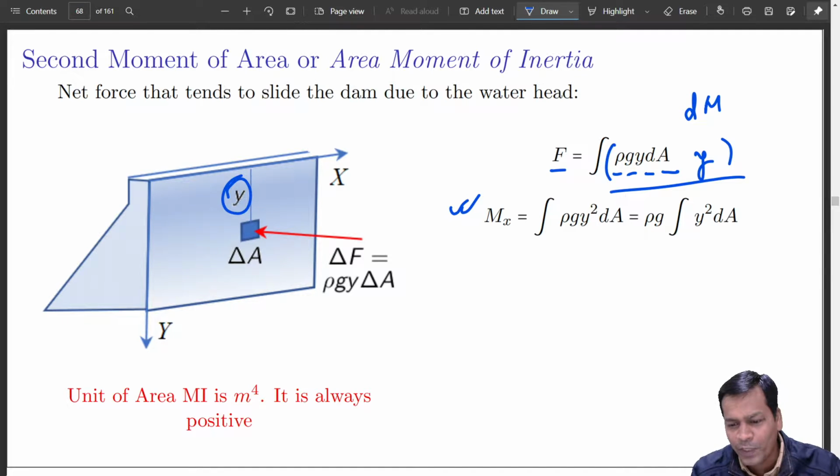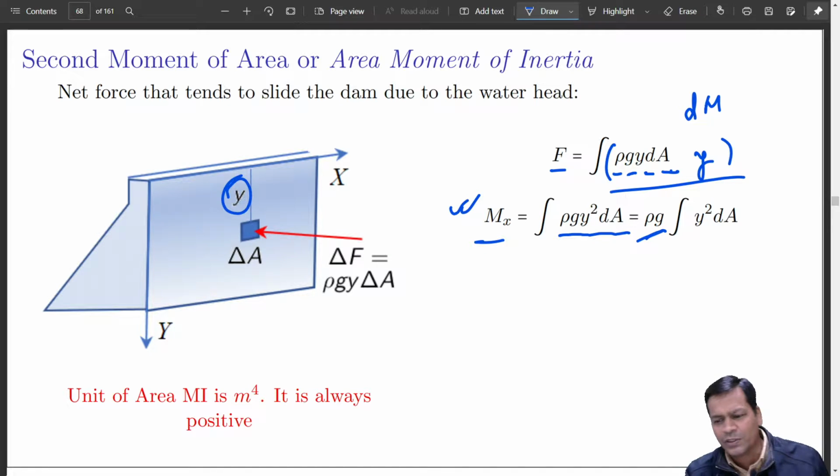So overall moment about the axis is the integral of rho g y square dA. The constants you can extract out because these two are constant. I assume it is homogeneous water, and g is constant in a uniform field of gravitation. So it is the integral of y square dA.